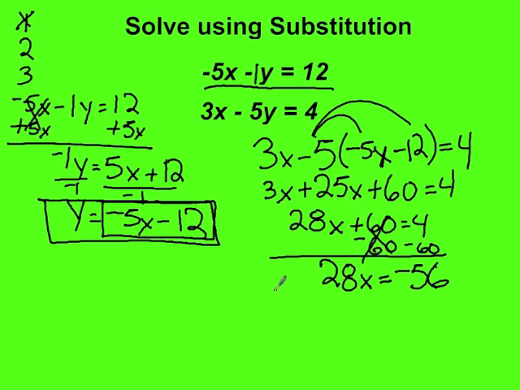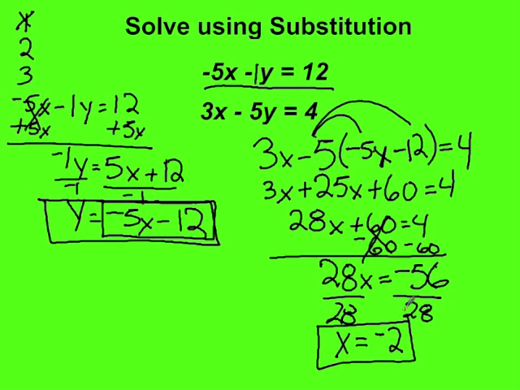Get x by itself now. Divide by 28. X then equals -2. We now have step 2 done. We have plugged in our entire equation and simplified.